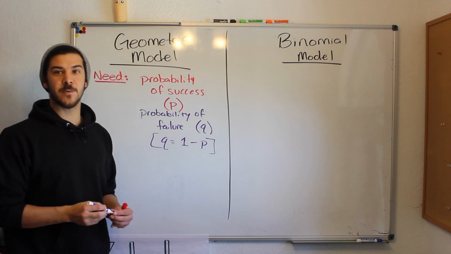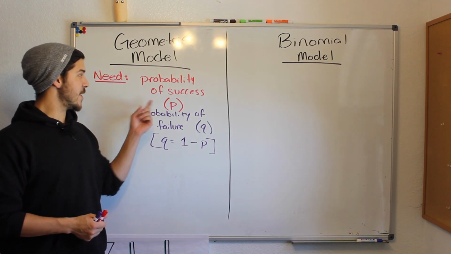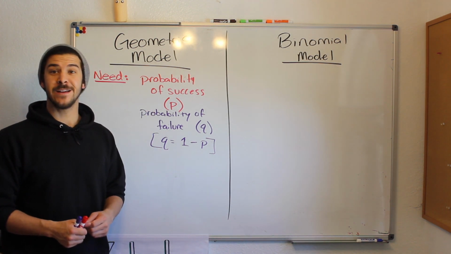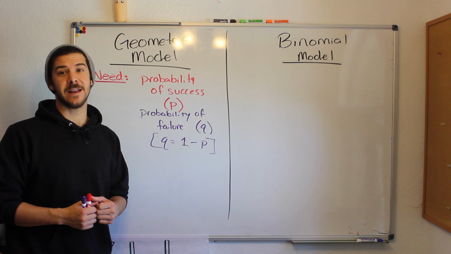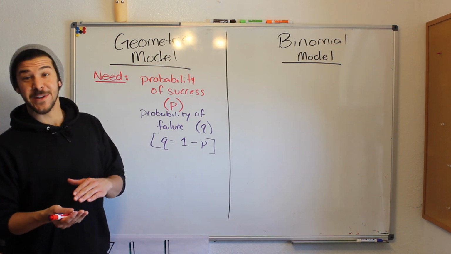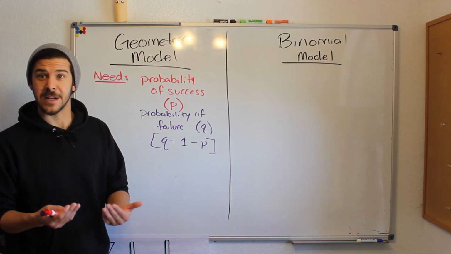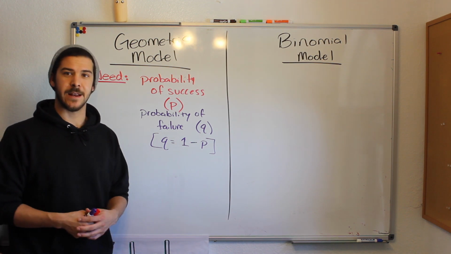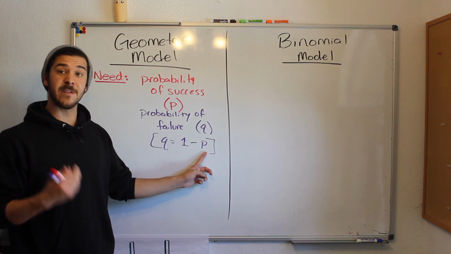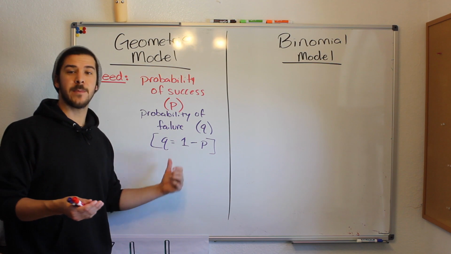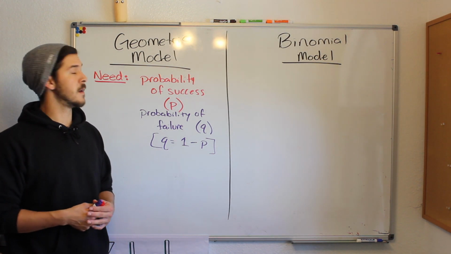Just like the math we've been working through this entire year, if the probability of flipping a coin heads is 50%, the probability of failing, flipping tails, is also 50%. 1 minus the probability of flipping heads is equal to the probability of flipping tails.